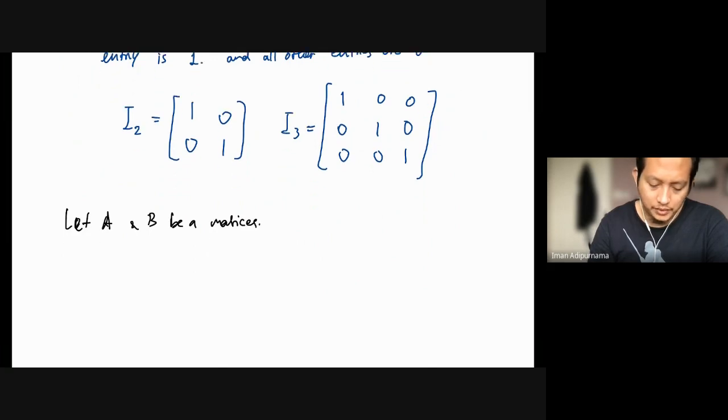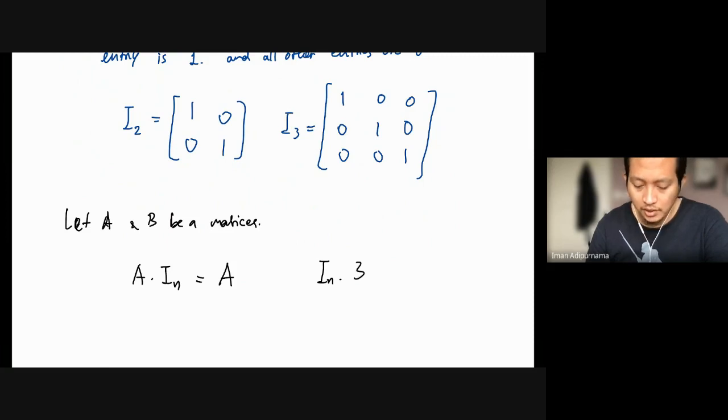When we multiply A with an identity matrix, it will just give the original A. And identity multiplied by B will result in B, whenever the products are already defined. So every matrix that is multiplied by identity will be the original matrix. That's the important point.